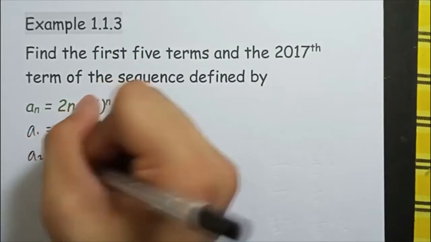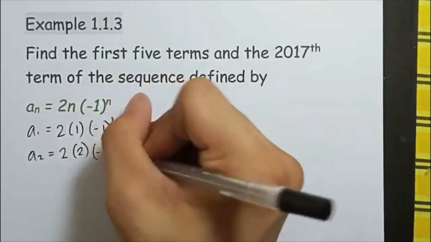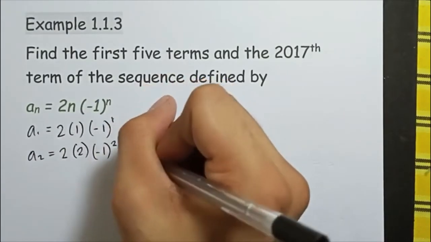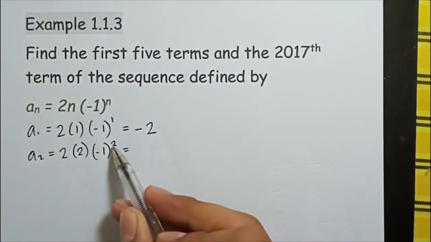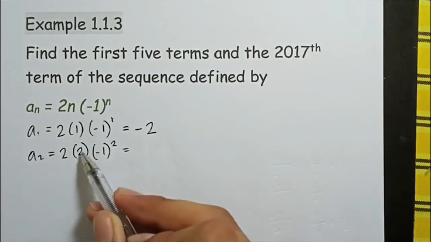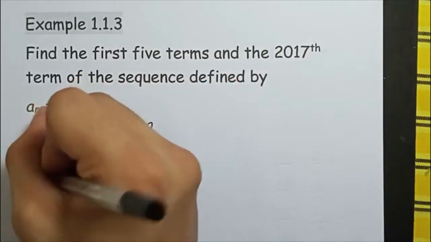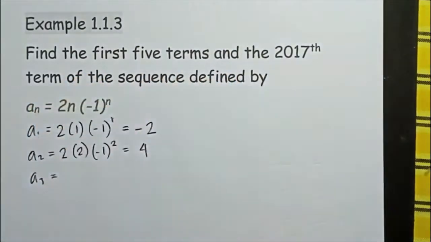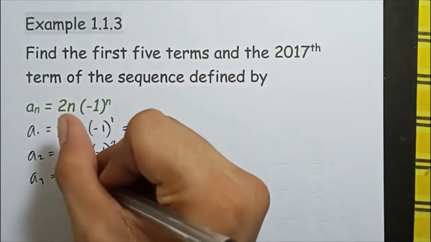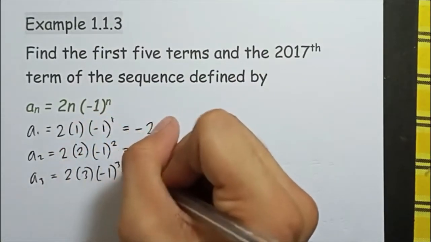Then, a sub 2. Yung n natin, syempre ito na, 2 times 2 times negative 1 raised to 2. So, negative 1 raised to 2 is positive 1. 2 times 2 is 4, times positive 1 is positive 4. A sub 3. Edi magiging 2 times 3 times negative 1 raised to 3.